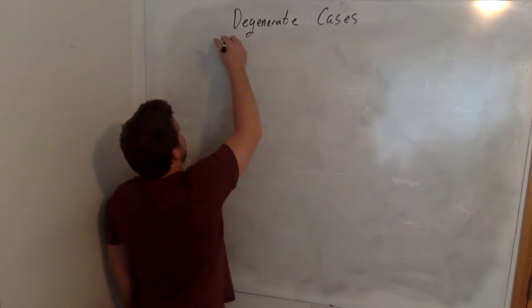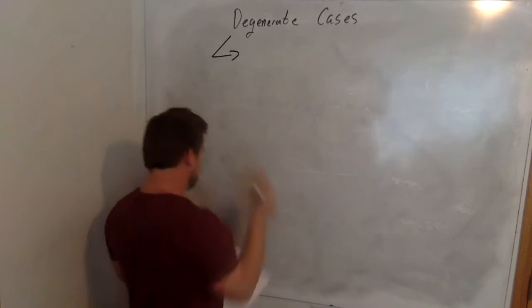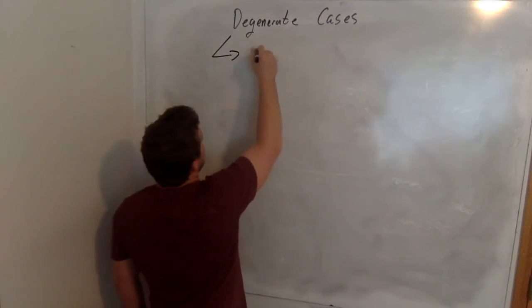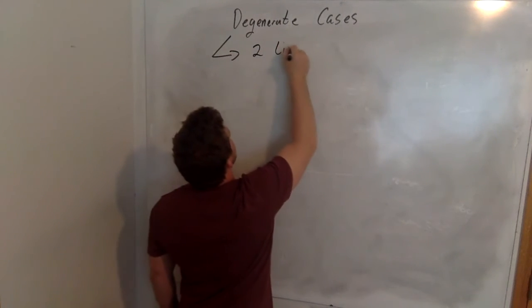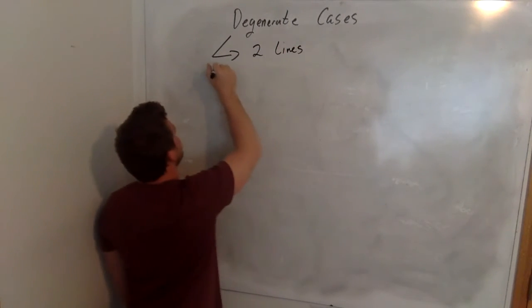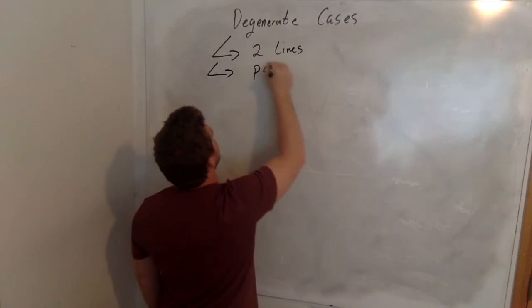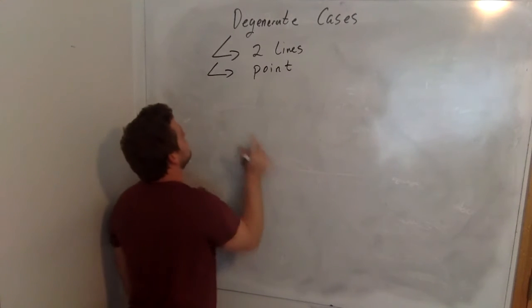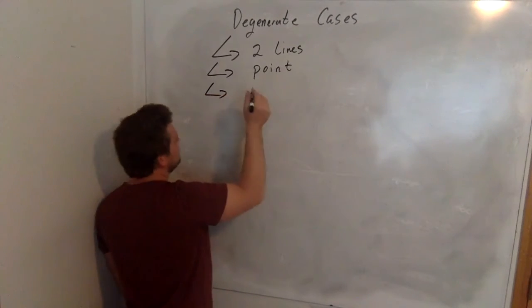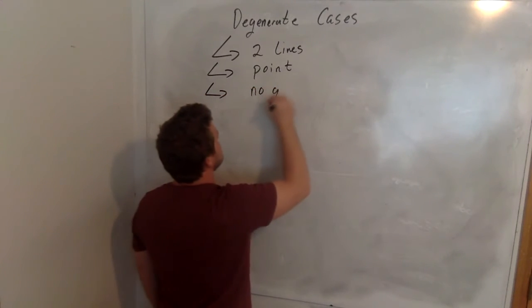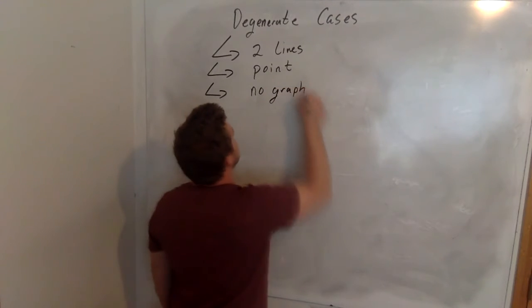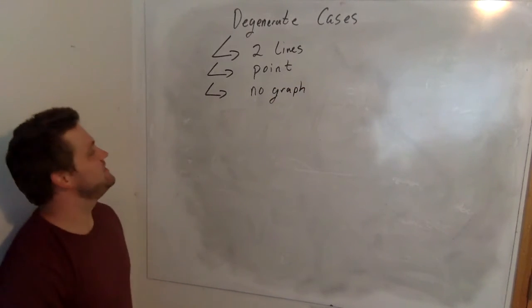We can sometimes get 2 lines, a set of 2 lines. We could also get a point, just a single point. And we could also get no graph. Let's see an example of each of these.